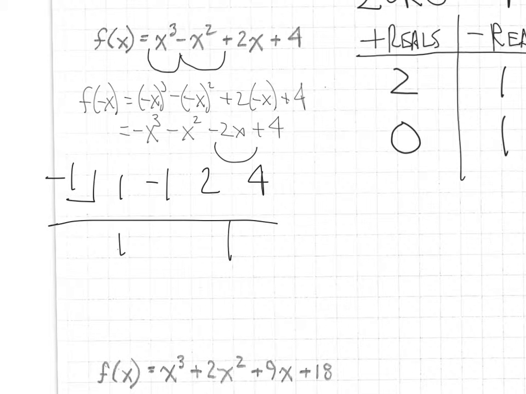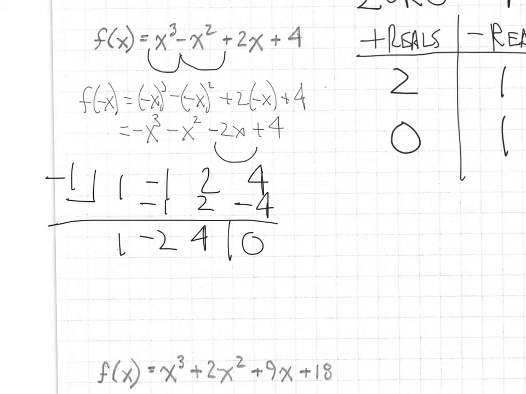I'm going to try negative 1 first. So synthetic substitution will give us a negative 1 here, add, negative 2, a positive 2 here, add, you get a 4, negative 4 here, add, you get a 0. Well, we got lucky. We got a 0 remainder, which means negative 1 is a solution. So we found one of our solutions.